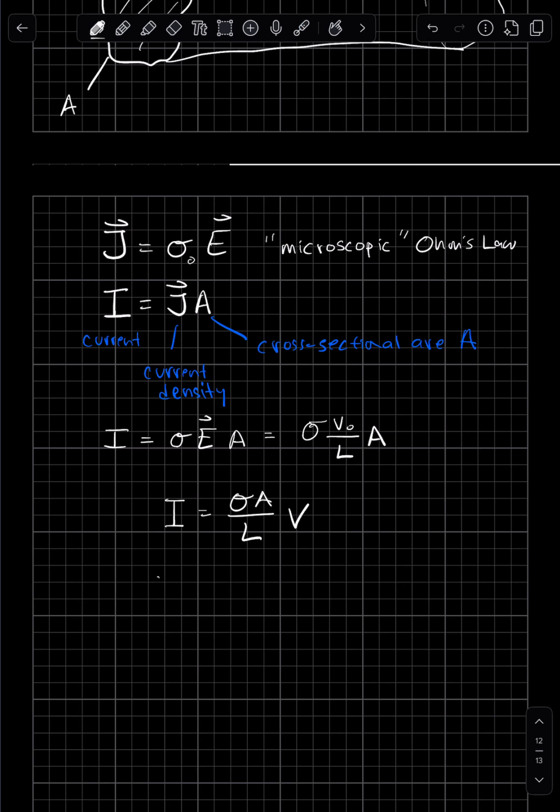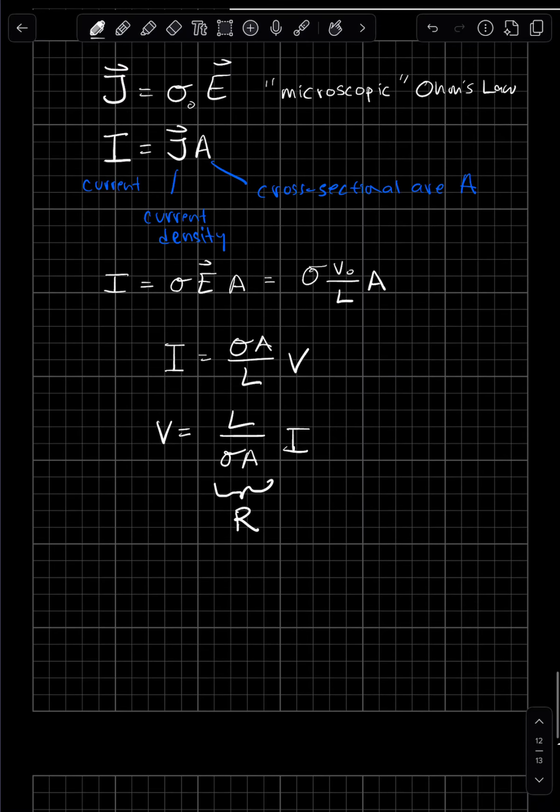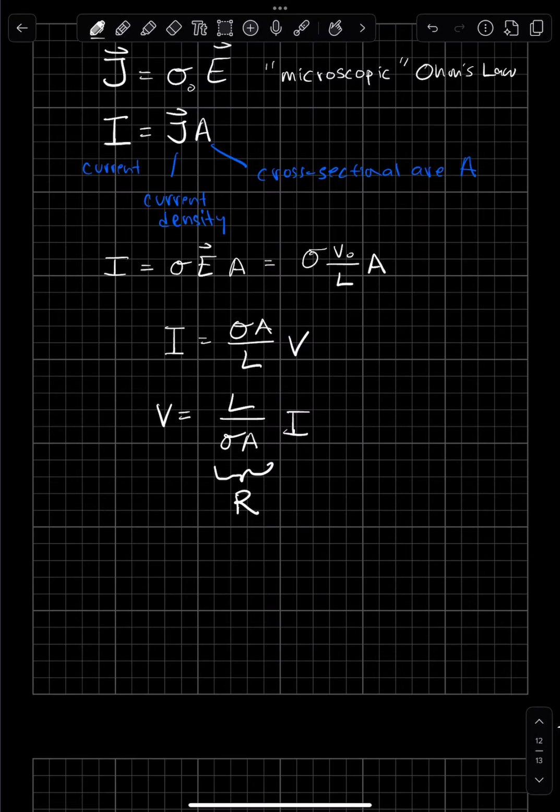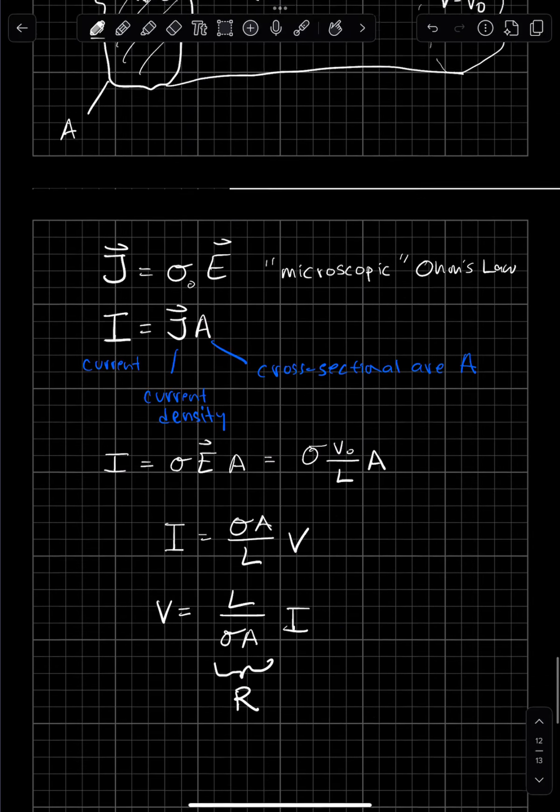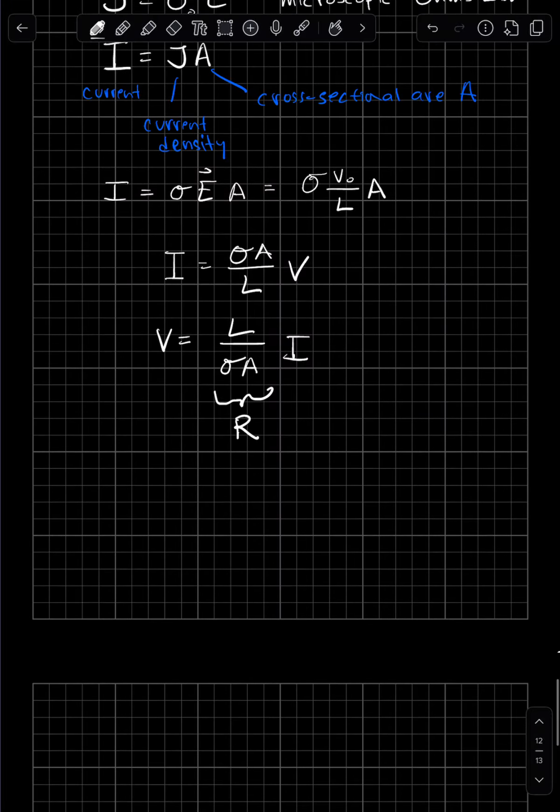And what we're going to get is V equals L over sigma A times I. In other words, V equals IR, where this is R. So in the particular context, I should say, the particular geometry of a wire, R is equal to L over sigma A, or another way you could say it, because resistivity is 1 over conductivity, R, the resistance, is equal to the resistivity, rho, times L over A.